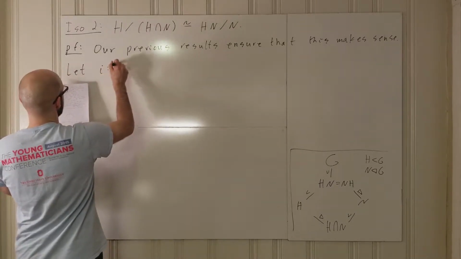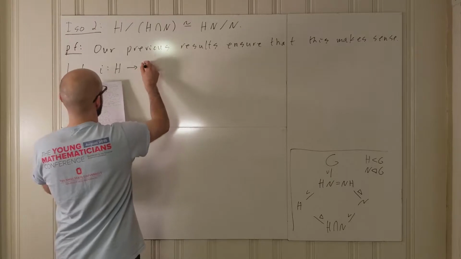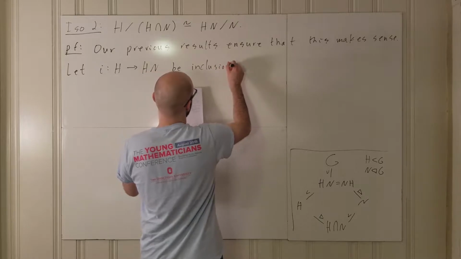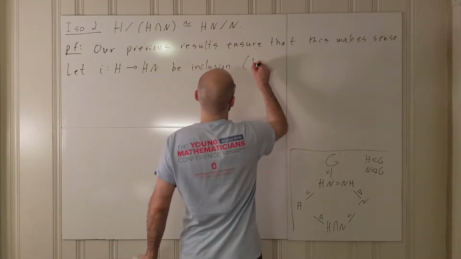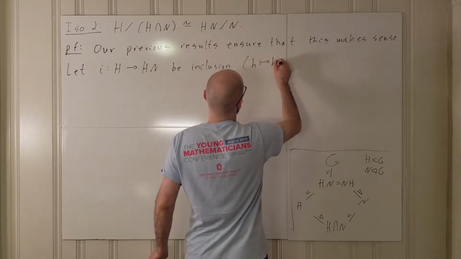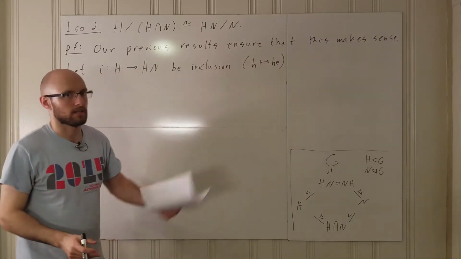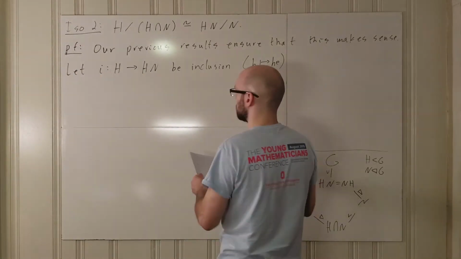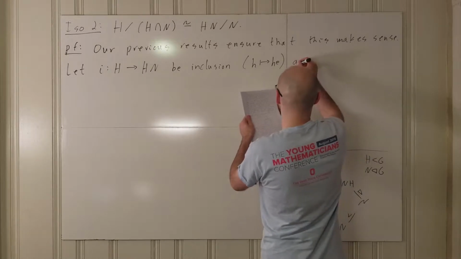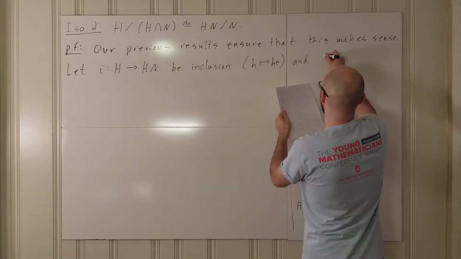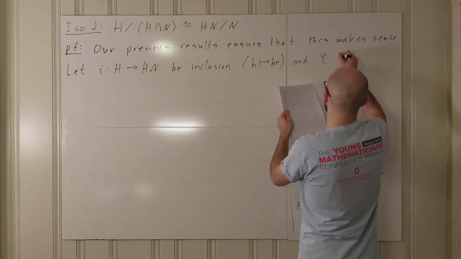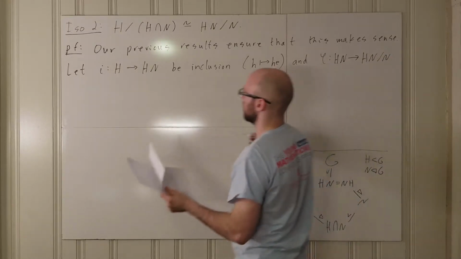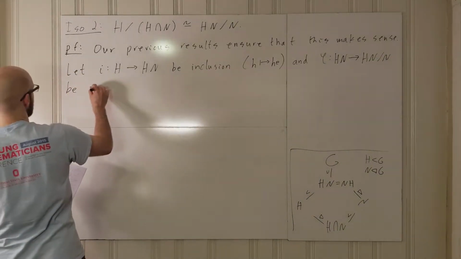Let i be the map from H to HN be inclusion. So if we have an element h, then it's going to get sent to just h times e, where e is the identity in our group G. And let phi from HN to HN mod N be the natural map.